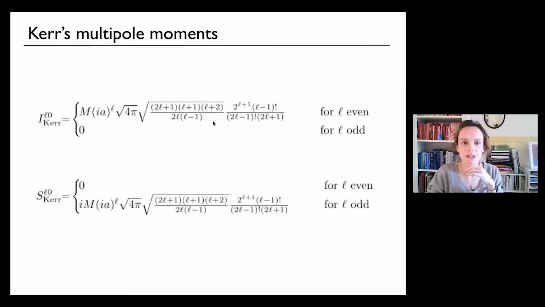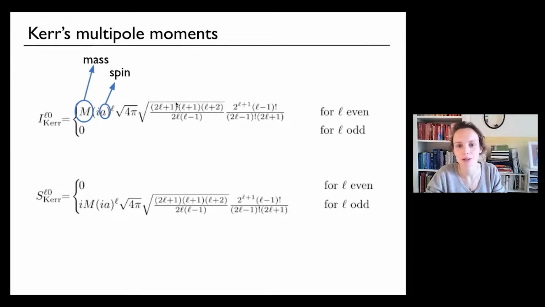So in particular, if we want to construct Newtonian multipole moments equal to those of Kerr, we need to know Kerr's multipole moments, and they're given here. If we look at the mass multipole moments up here, we see that they are indeed uniquely, as we know from the Hawking no-hair theorem, specified by the mass and the spin, and then a bunch of numerical constants. They're not particularly interesting, but you can calculate them.